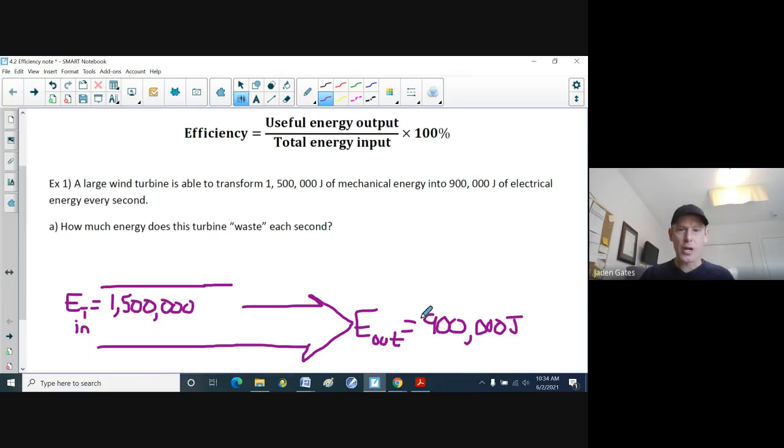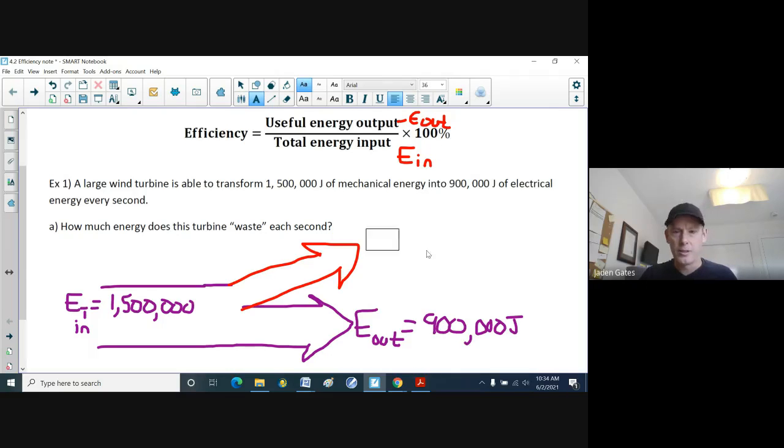All right, and now we have this section of it that's just wasted energy. Again, in our formula here, I'm going to call that E out, the output, and this is E in, the input. What we have left here is E waste, the wasted energy. We can find that by finding the difference in the amounts.